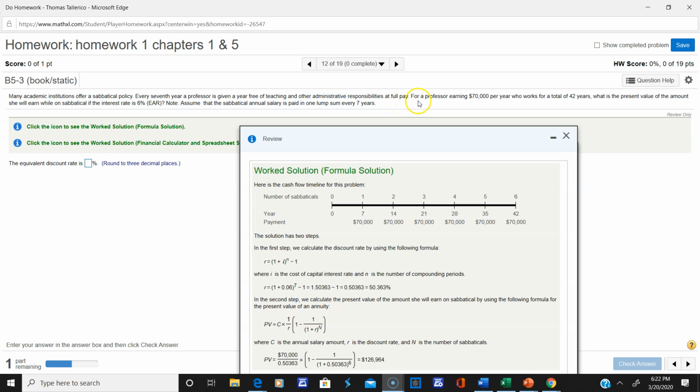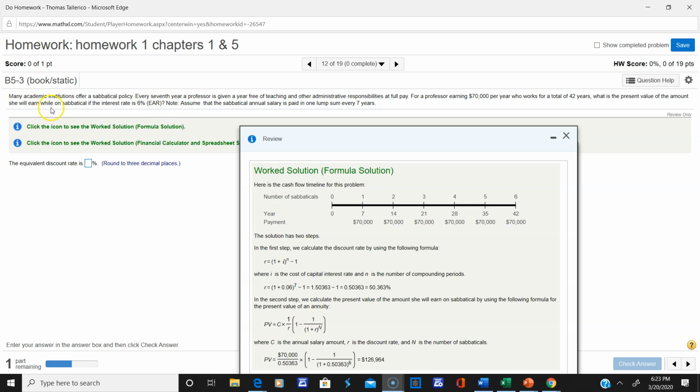So for a professor earning $70,000 per year who works for a total of 42 years, that's going to be 6 sabbatical periods. What is the present value of the total amount she will earn while on sabbatical, if the interest rate is 6% effective annual rate?